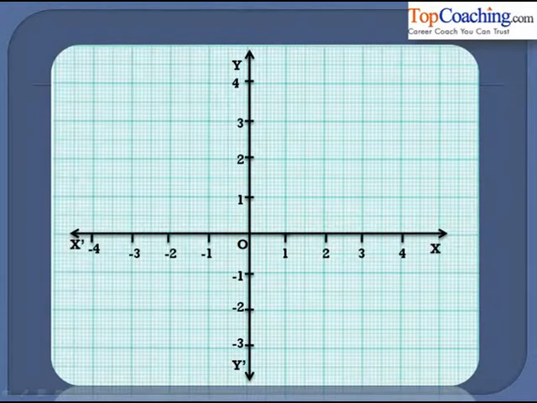Similarly, the points above the origin along the y-axis are positive, and all the points below the origin along the y-axis are negative. If we consider any point P(2, 3), then this is the distance of this point from the y-axis. Similarly, this is the distance of the point from the x-axis.